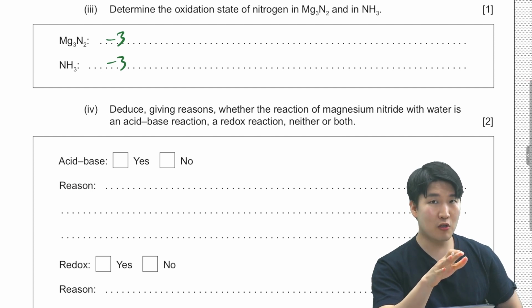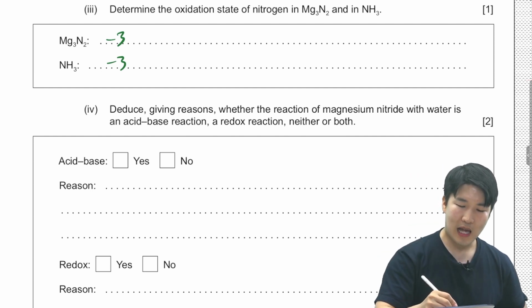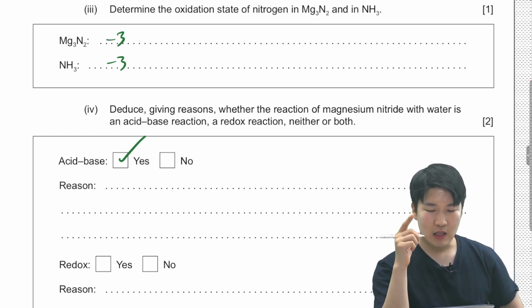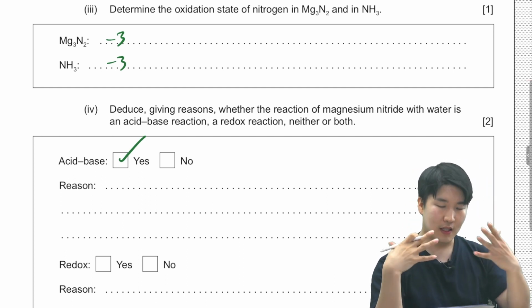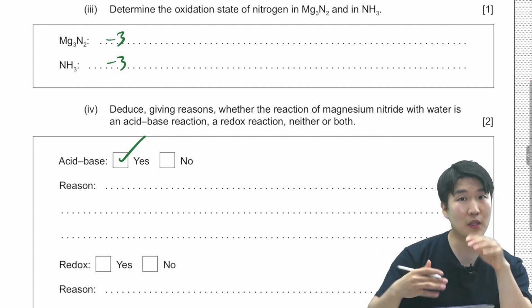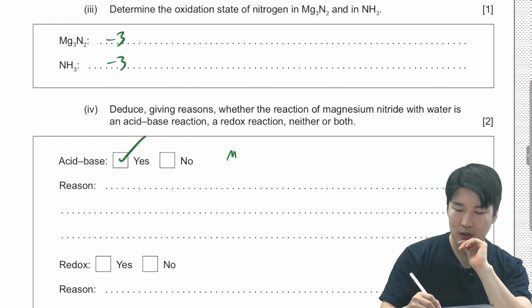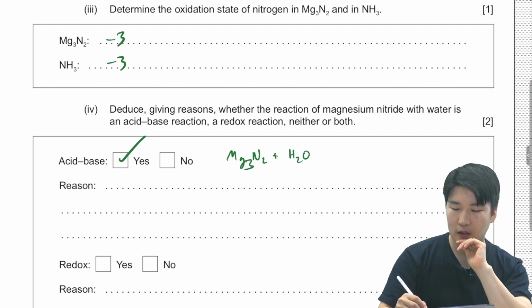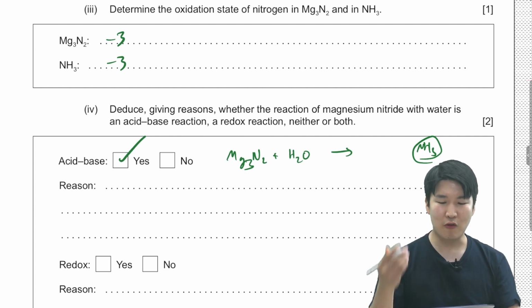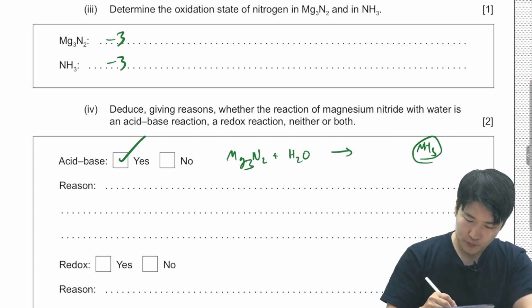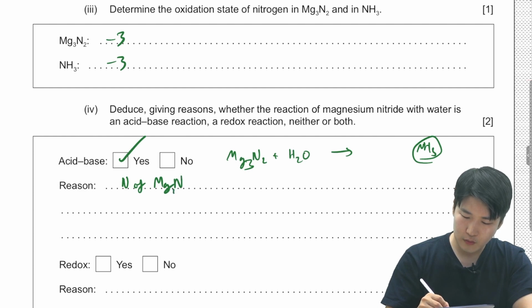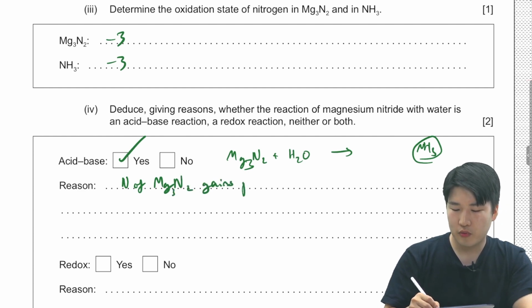Next up, magnesium nitride and water will be an acid-base reaction. Why? Because nitrogen of magnesium nitride will be gaining protons to become ammonia. Remember, magnesium nitride will be producing ammonia. And where is this ammonia derived from? It's derived from the nitrogen of magnesium nitride gaining protons.